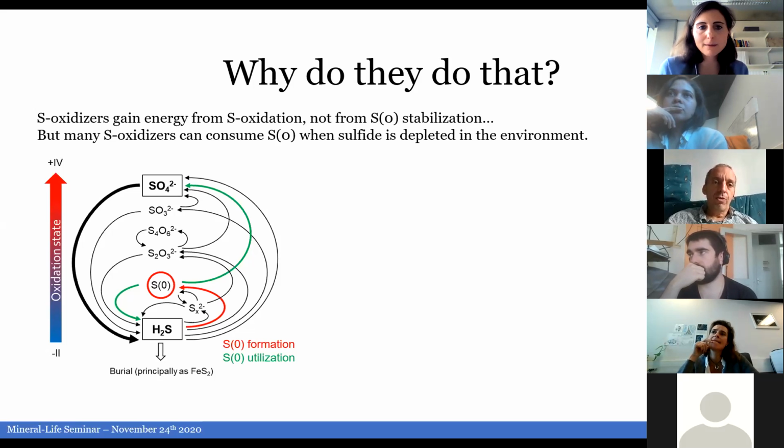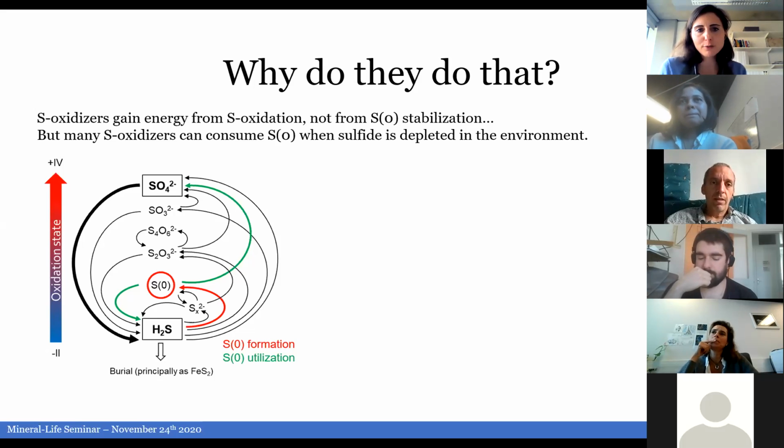But it would be cool to check how they are distributed in bacteria, right? You mean in a tree? Yeah, in the genomes. Do the ones that form the extracellular sulfur have them or not? Are they very specific to those forming it intracellularly?